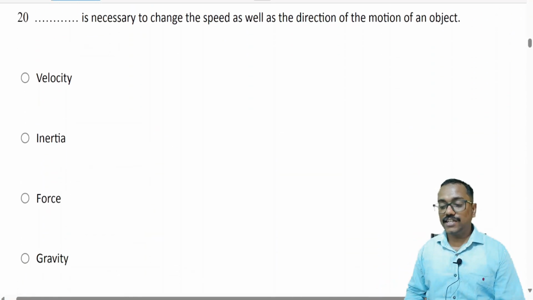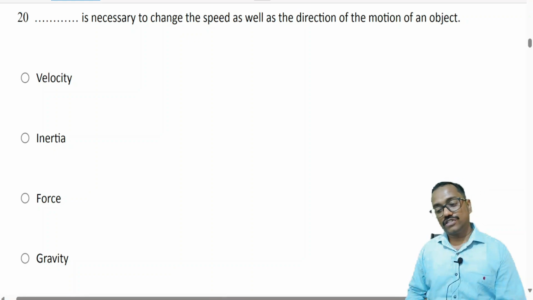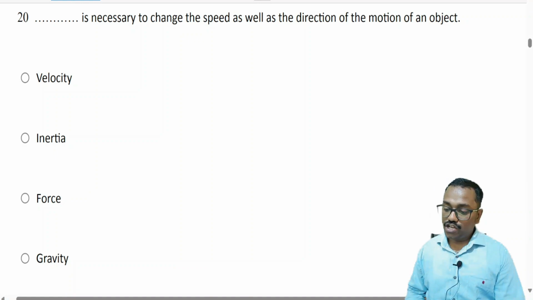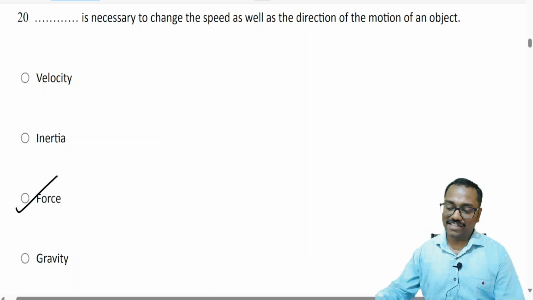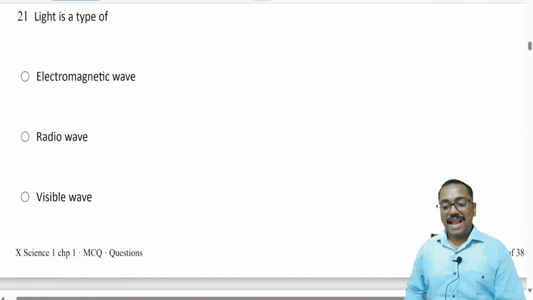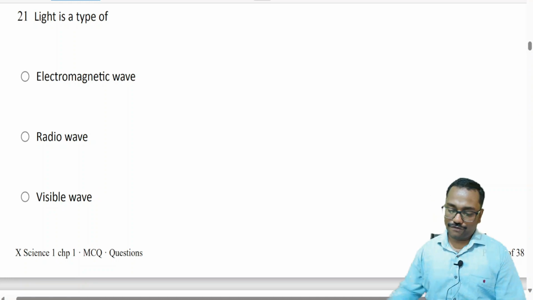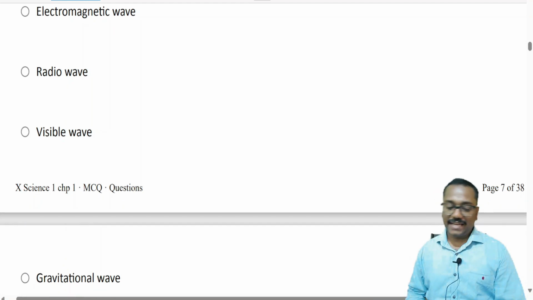20th question. Dash is necessary to change the speed as well as direction of the motion of an object. So what is necessary, right? Options are velocity, inertia, force and gravity. So its answer is force is necessary to change the speed as well as direction. 21st question. Light is a type of, options are electromagnetic wave, radio wave, visible wave and gravitational wave.